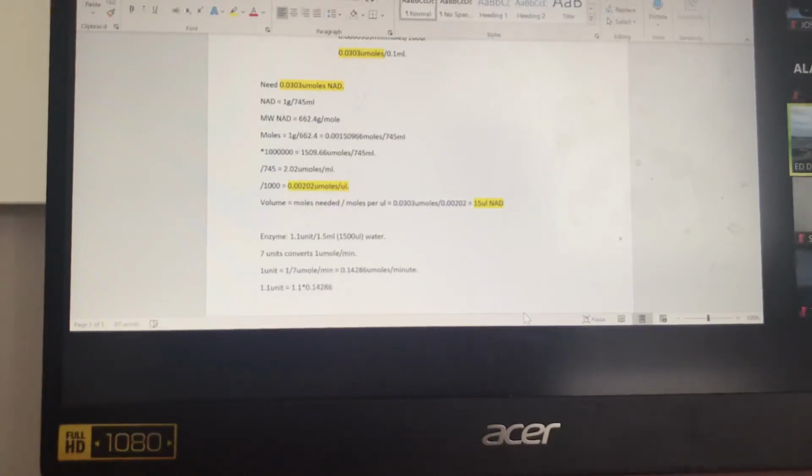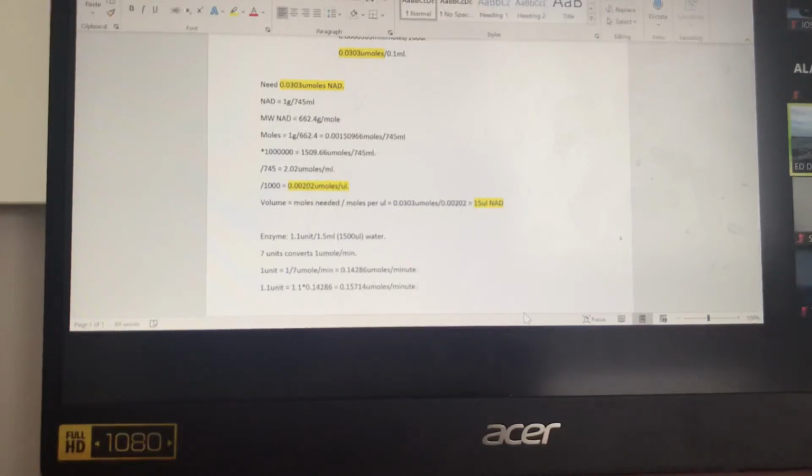So 0.14286, because it's going to be slightly more, times 1.1 is 0.15714 micromoles per minute. So far so good? So the entirety of that 1.5 milliliters can convert that number of micromoles per minute.